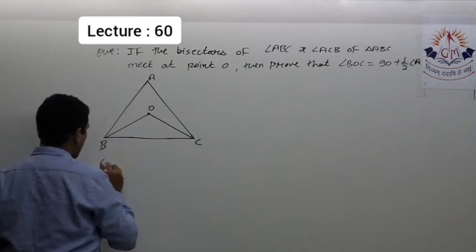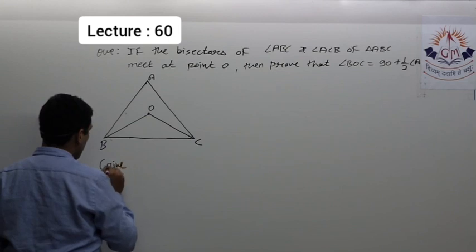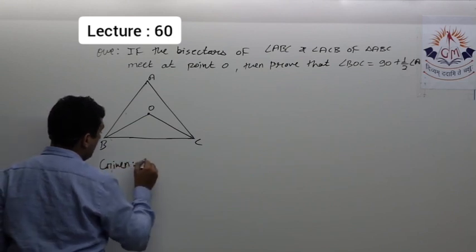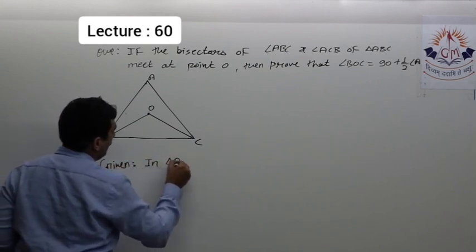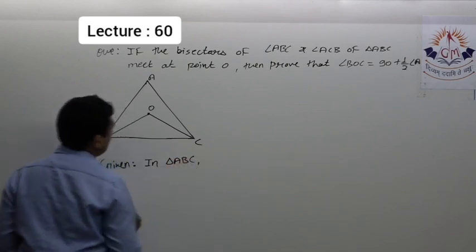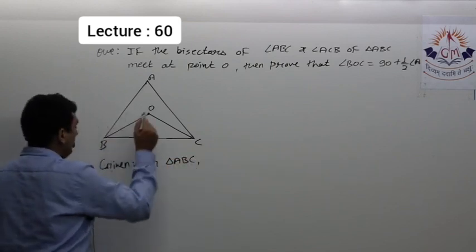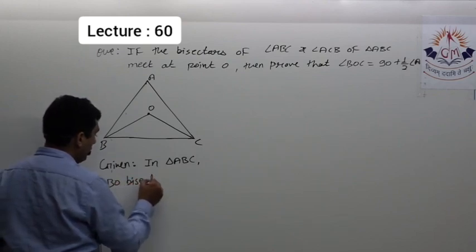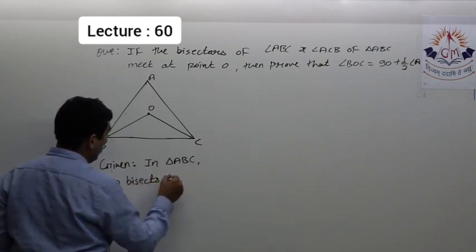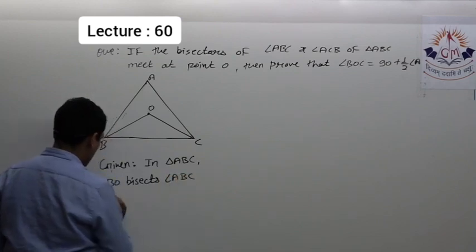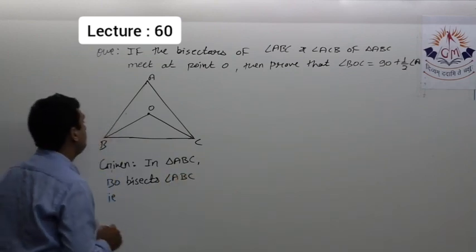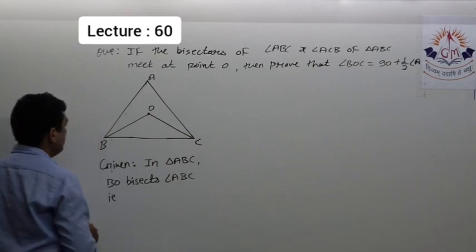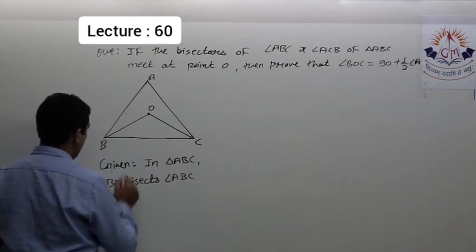So we are given that in triangle ABC, BO bisects angle ABC. What does it mean?